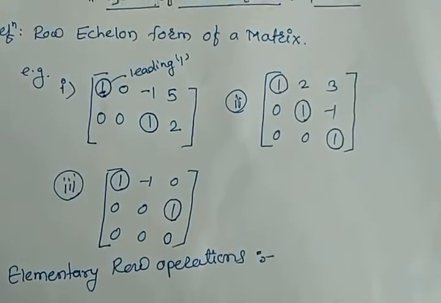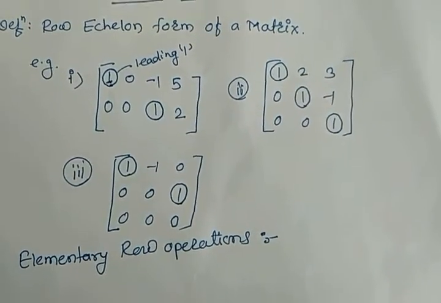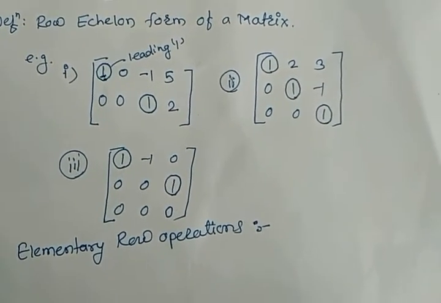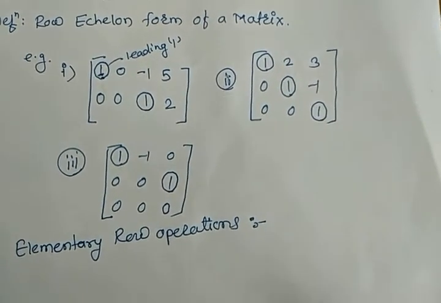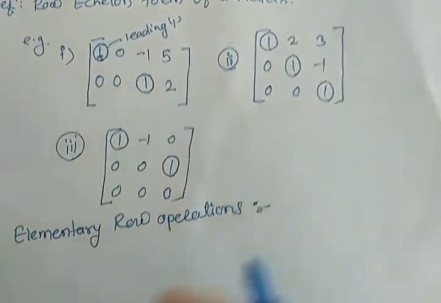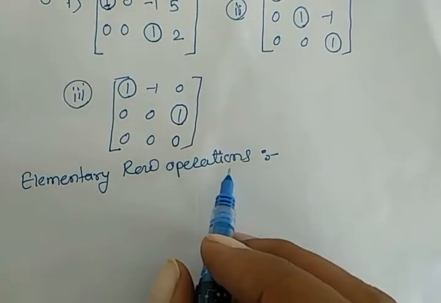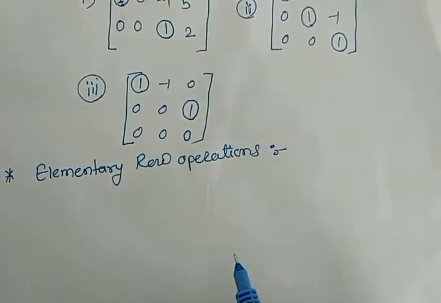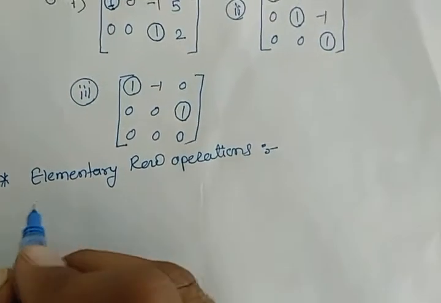We find all these row echelon forms by elementary row operations on a given matrix. So we have to find them by using elementary row operations on a given matrix. There are three elementary row operations.